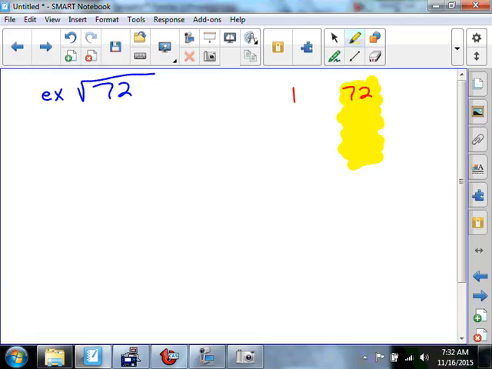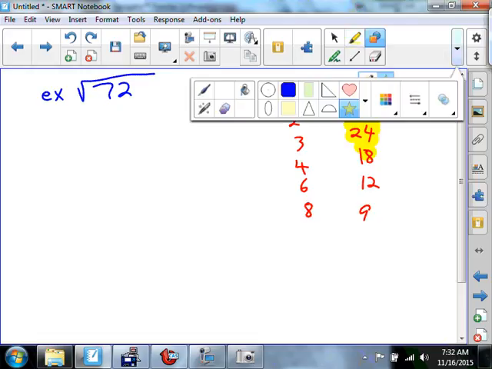Well, 72's got a whole bunch of factors, if you remember right from before. 2 and 36, 3 and 24, 4 and 18, 6 and 12, 8 and 9. And a lot of those are perfect squares.